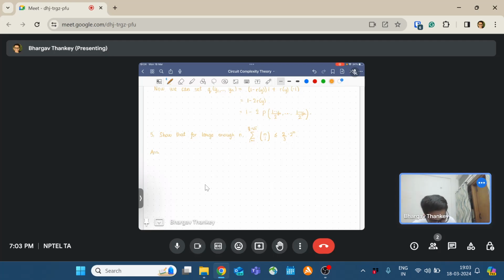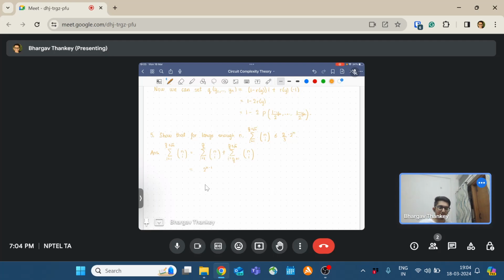Okay, so let's split the sum. Now this is 2 to the n minus 1. Why?